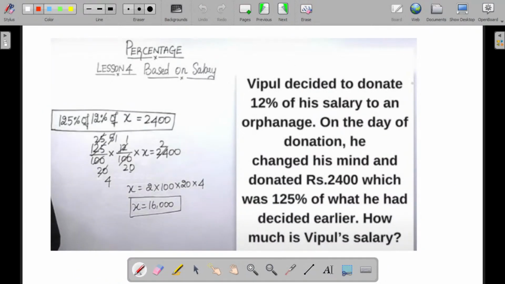Okay, so one more problem. The answer is already given here. Vipul decided to donate 12 percent of his salary to orphans.